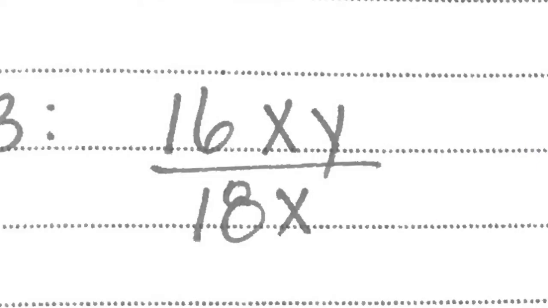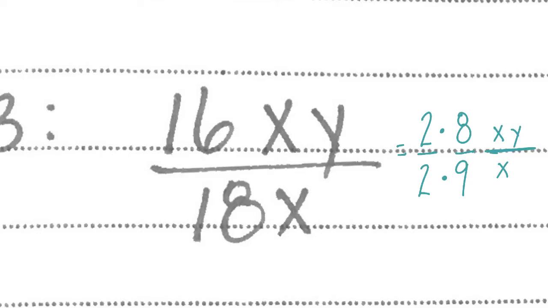But what happens if all of a sudden an x and a y are thrown in there? Okay, what can go into 16 that also goes into 18? So I'm going to split this up into 2 over 2, because I know that 2 times 8 is 16, and 2 times 9 is 18. And then I'm just going to show my xy over x.